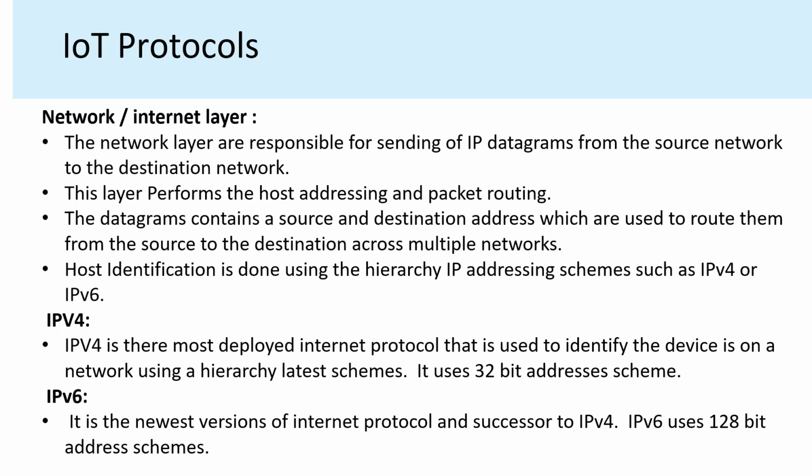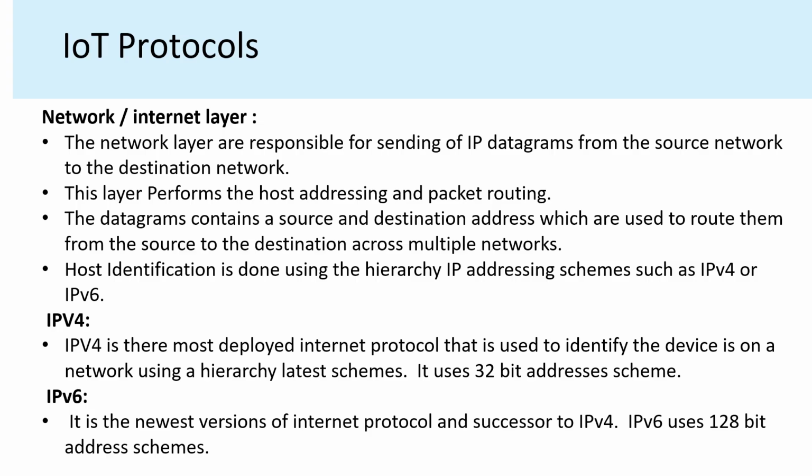The network layer is responsible for sending IP datagrams from the source network to the destination network. This layer performs host addressing and packet routing. The datagrams contain source and destination addresses which are used to route them from the source to the destination node.